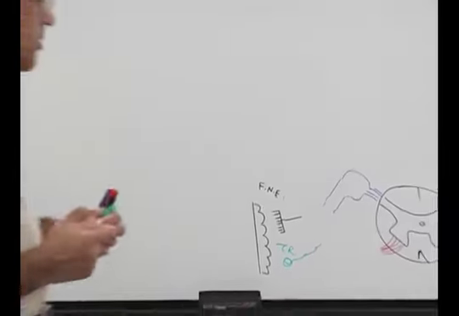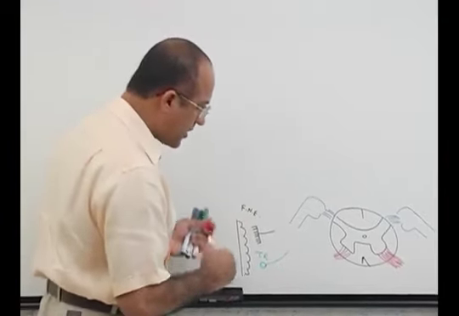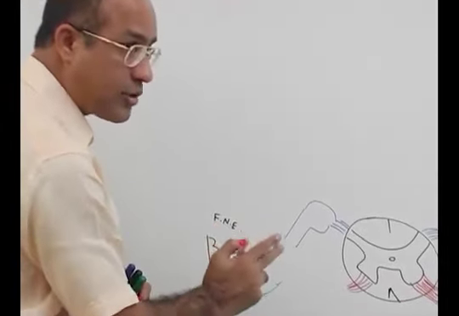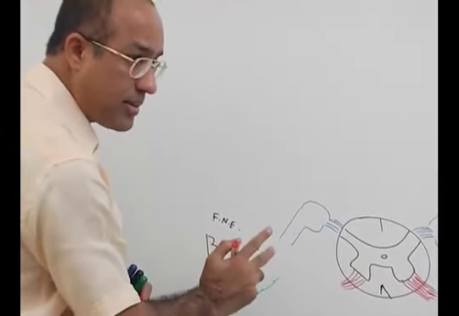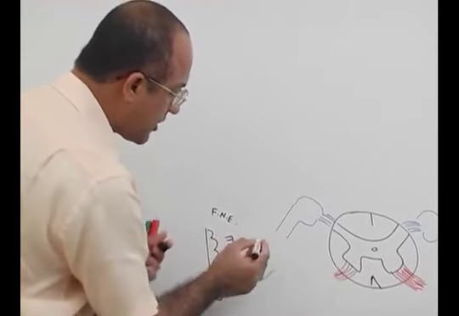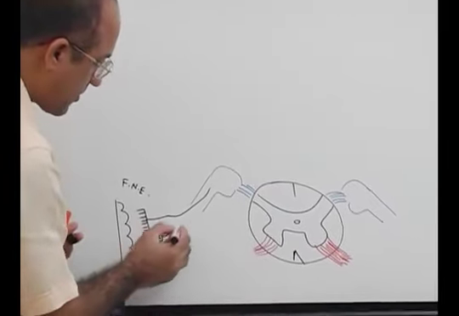Now, when we talk about the pain pathway, actually the pain pathway has distinctly two types of fibers, right? There are two types of fibers which are taking the information to the central nervous system.